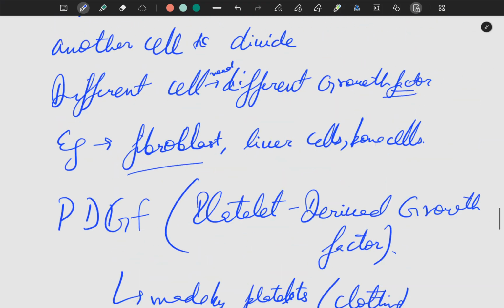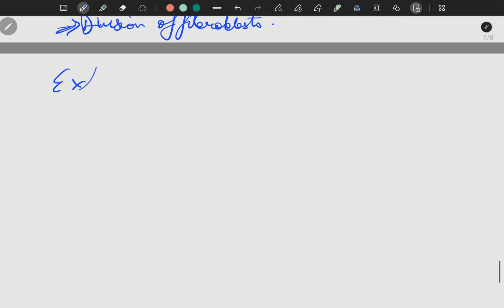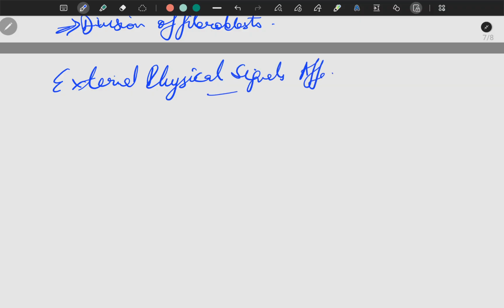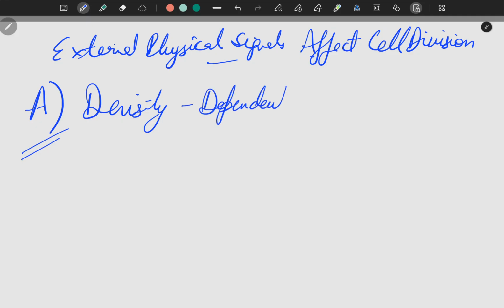Now, one more thing I have to tell you about. I've talked about the chemical signals which affect cell division. Now, there are external physical signals which stop, or we can say affect, cell division. The first one is density dependent inhibition.